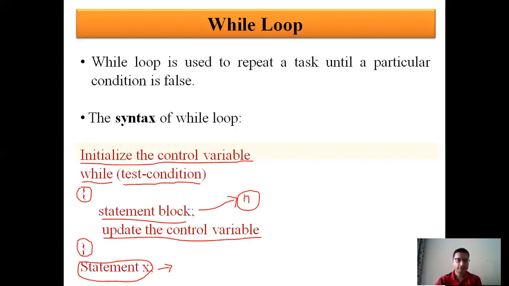Here you can see, in case of for loop, we know that the updation is always going to take place after the statement block. But in case of while loop, we can move this updation part from this place to this place. That means this updation can take place before the execution of a statement block. Now that is the fundamental difference between while loop and for loop, right?